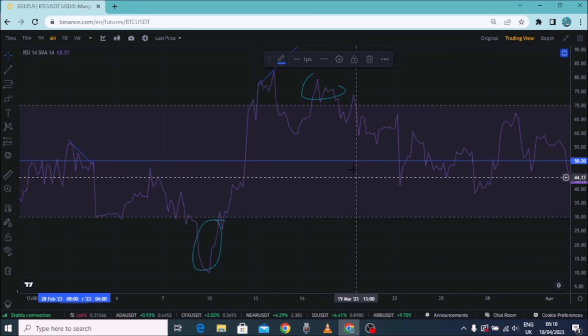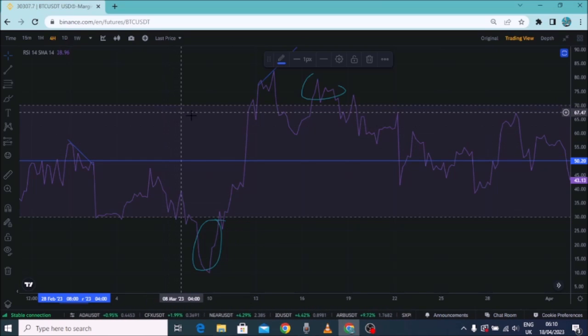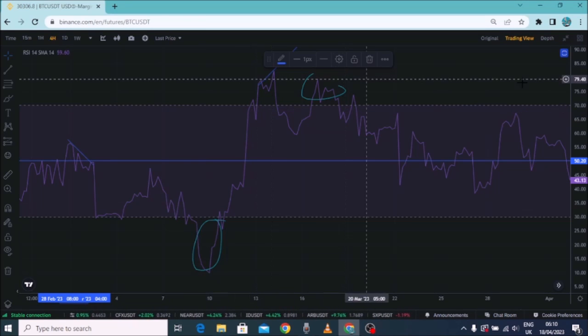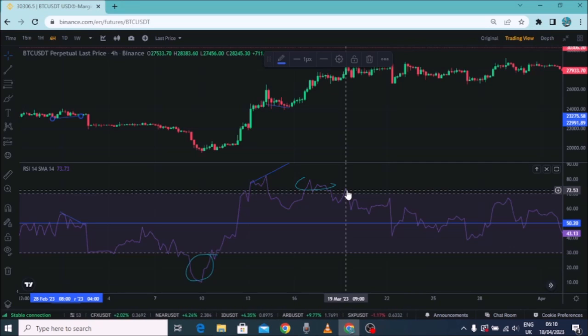That's how you can use RSI. It is as simple as that. You use it whenever there is a divergence. RSI divergence is very rare when you are trading, but once you confirm it, you will make a lot of money, because it is a very strong signal.